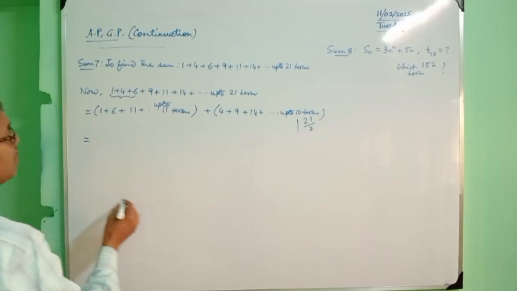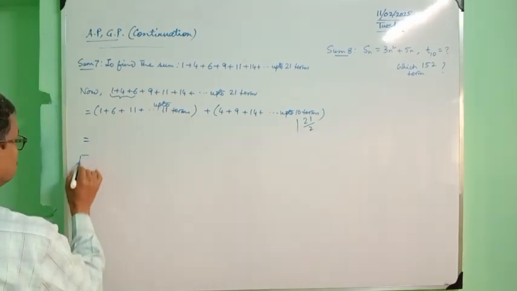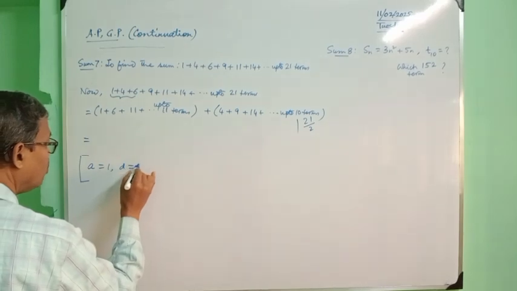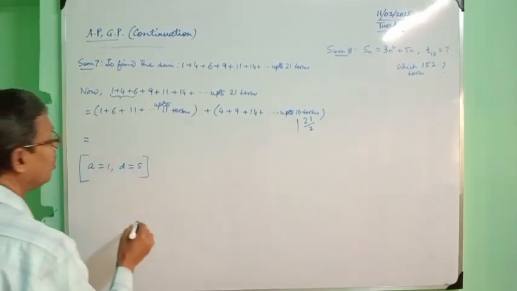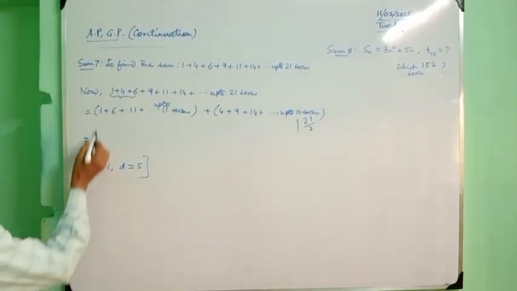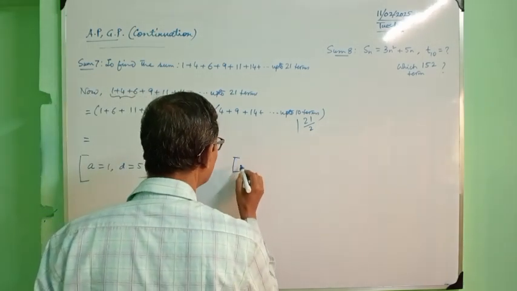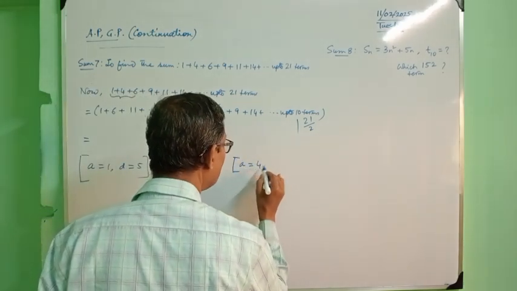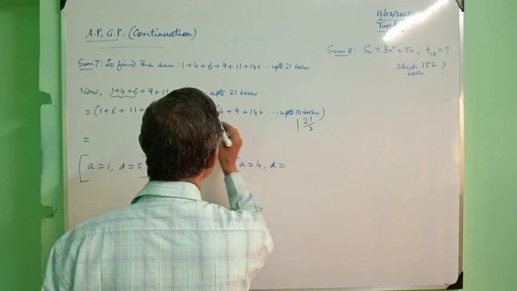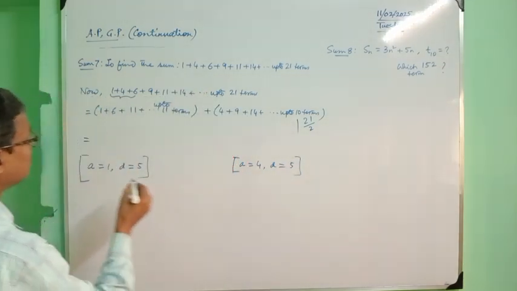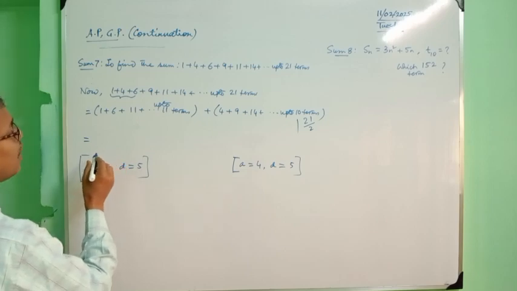Now, quite simple. I have written here the first term is 1, common difference is D. In this case, first term will be 4, common difference will be 9 minus 4, that is also 5. Now we apply the formula of sum.